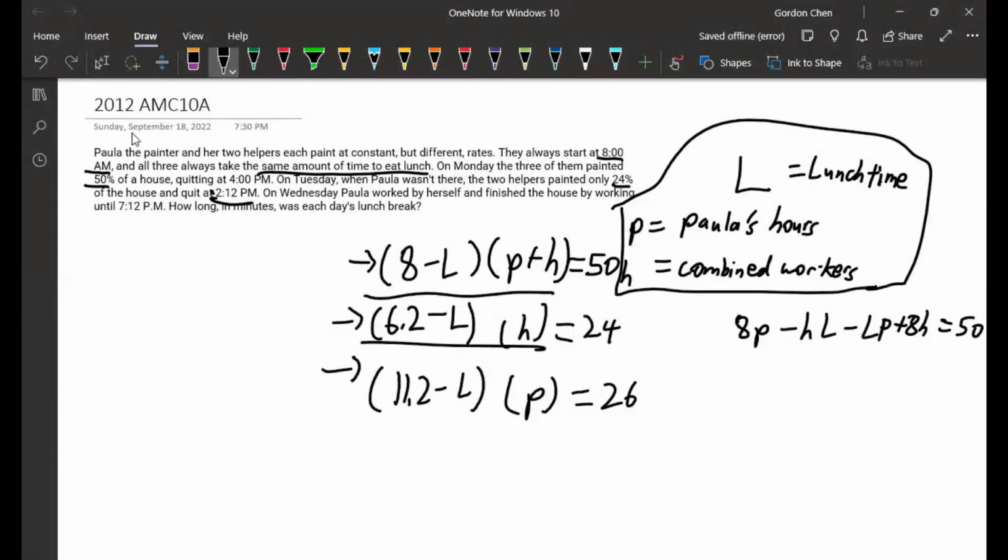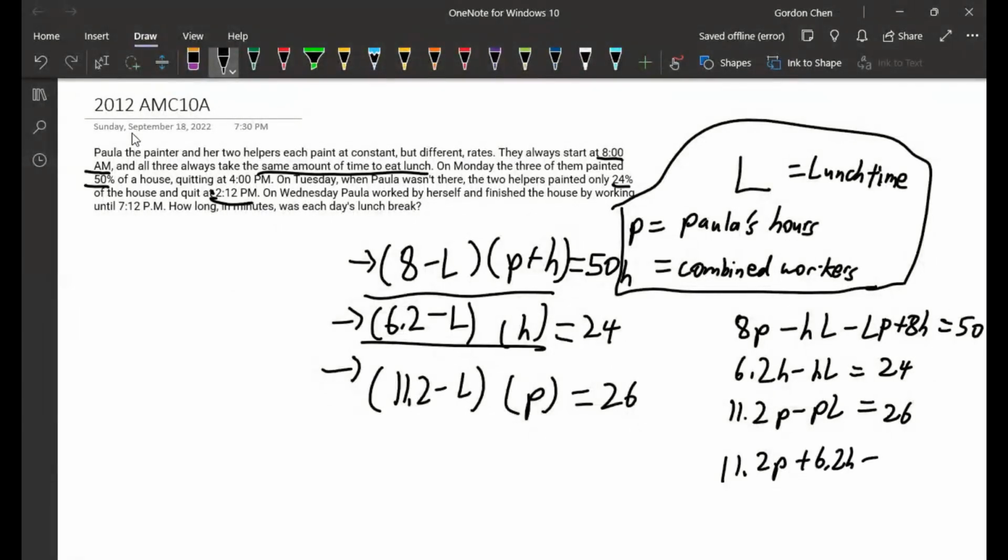And then this one, 6.2H minus HL equals 24. 11.2P minus PL equals 26. If we add them up, we get 11.2P plus 6.2H minus HL minus PL equals 50. And if we look at this one, we have 8P plus 8H minus HL minus LP equals 50.